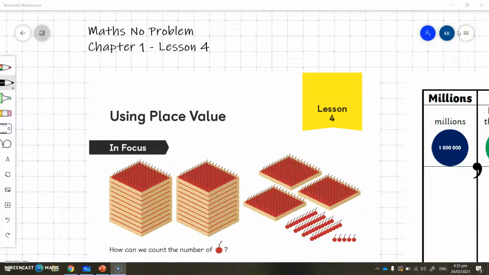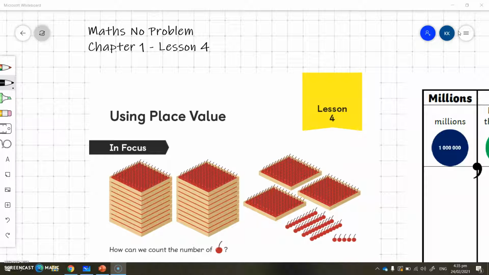Welcome to Chapter 1, Lesson 4, Using Place Value. Our In Focus question today provides us with this picture. And in this picture, we're given a little bit of information.